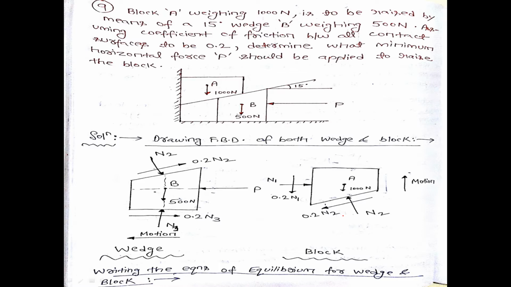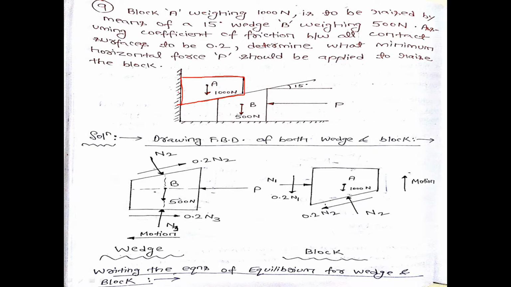Similarly, I will draw the FBD of the block A also. This is your block A. The weight of the block acts vertically downwards from the center of gravity, that is 1000 Newton.